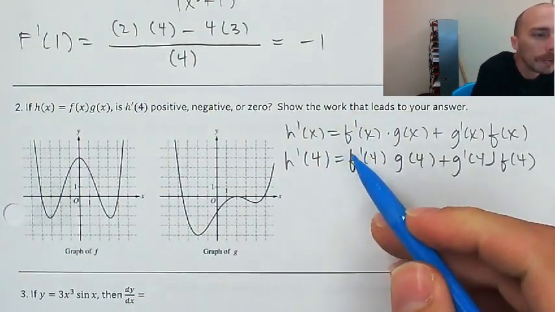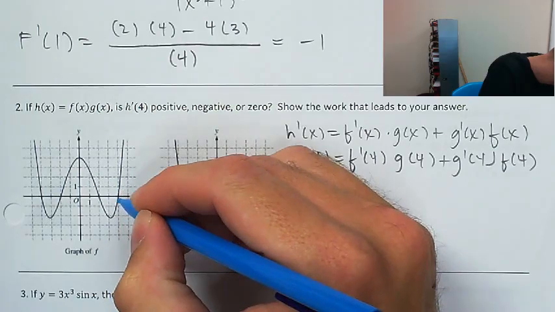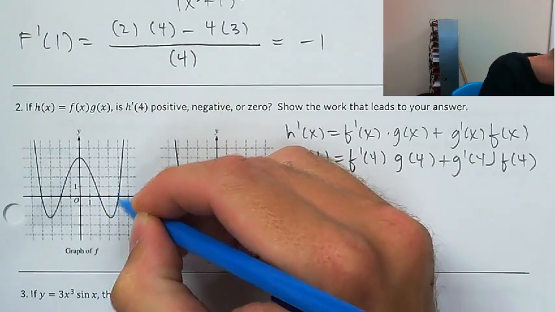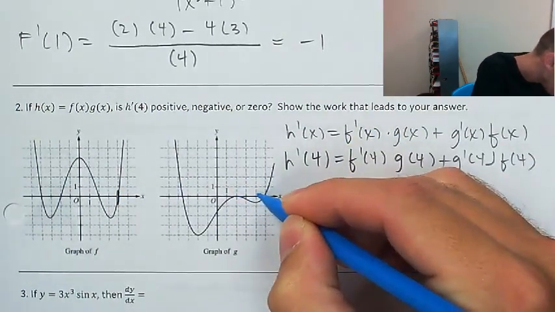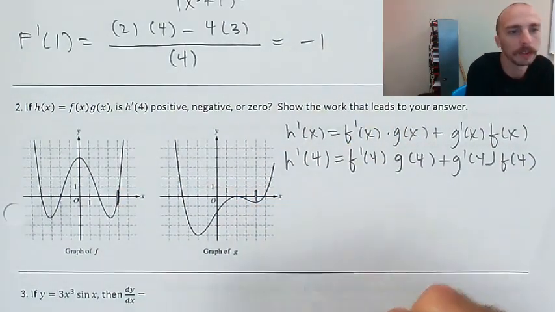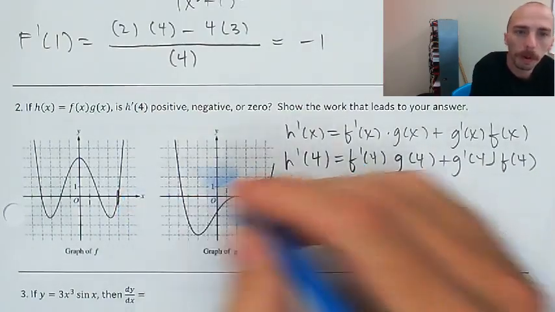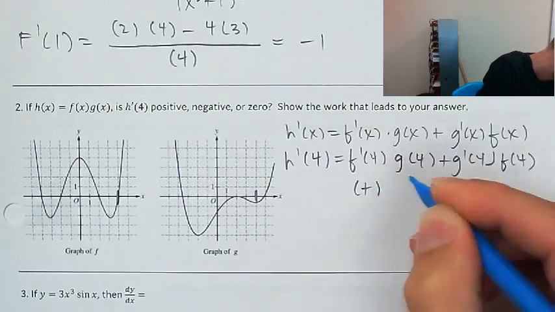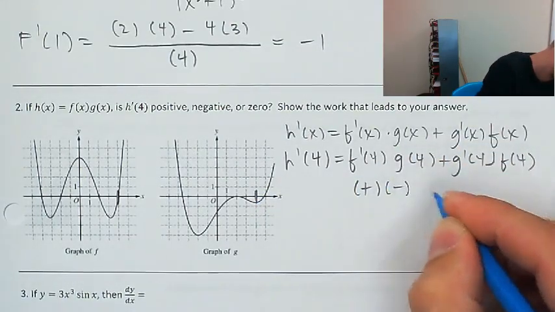So at x equals 4, I'm going to actually mark that off. 1, 2, 3, 4. Yeah, okay. That's x equals 4 right there, and I might as well do that for g as well, because 4 is far enough away that I could be fooled. All right, so f prime is the slope of f. That's going to be positive. It's going up. g of 4 is a negative number because it's below the x-axis.